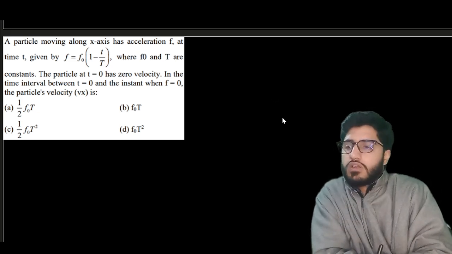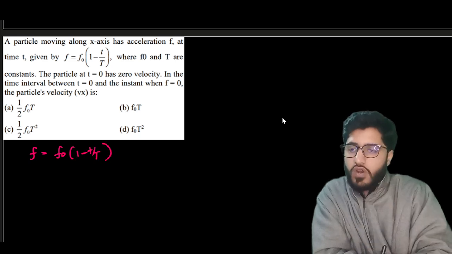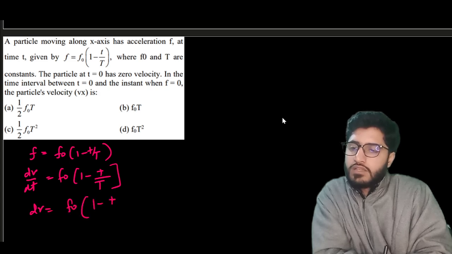Look, f equals f naught (1 minus t by T), so I can write dv by dt equals f naught (1 minus t by T). So dv equals f naught (1 minus t by T) dt.